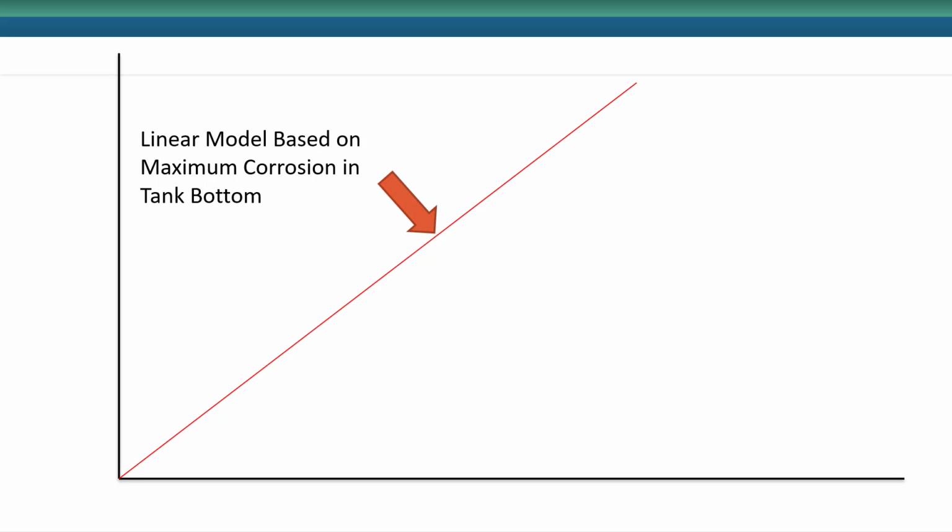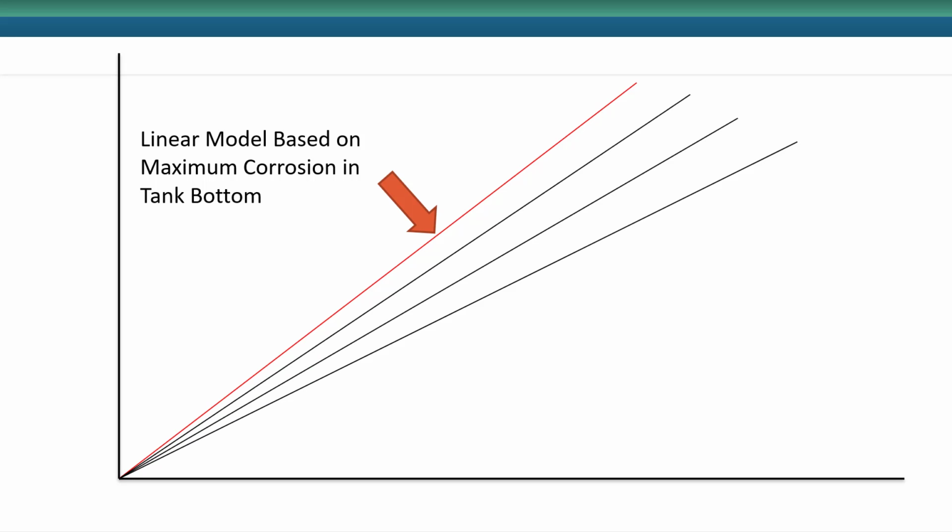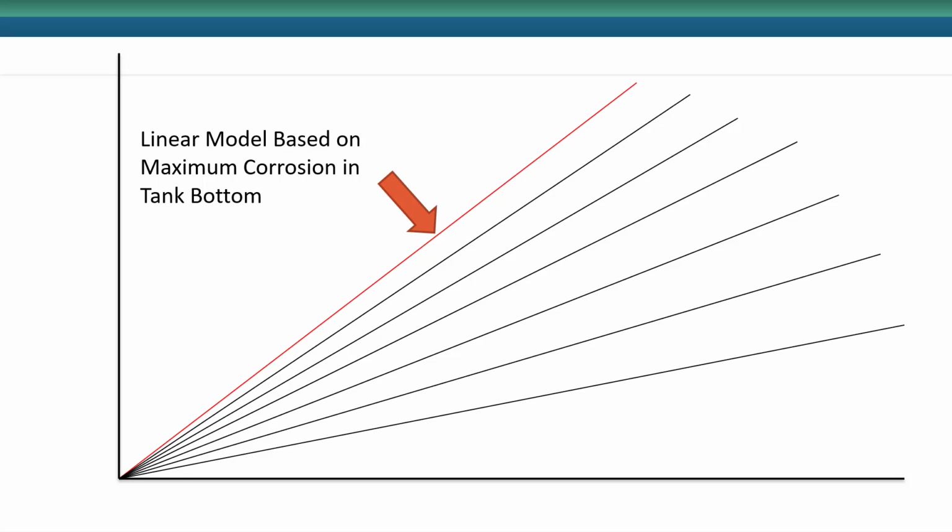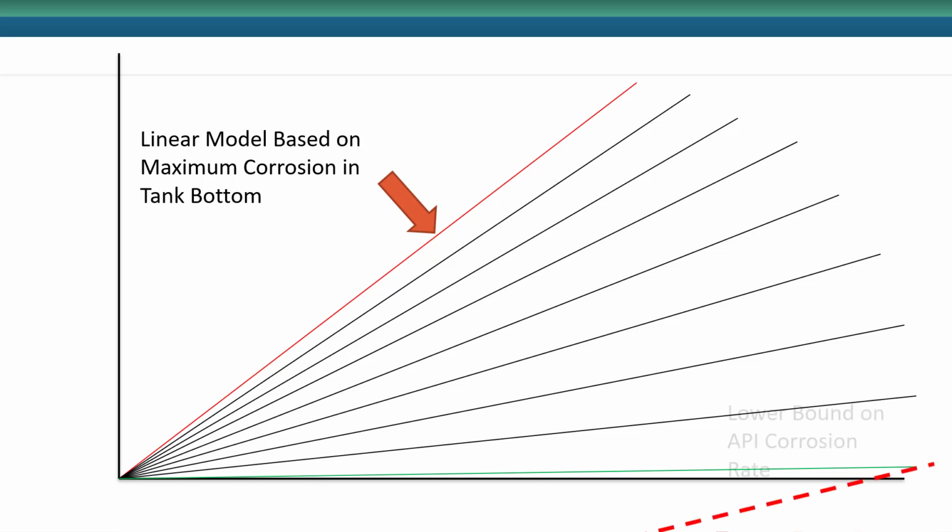To summarize the model, by adjusting the repair to thickness, we can keep reducing the corrosion rate. But notice that we can achieve a zero corrosion rate. But we know from experience that just patching or replacing a tank bottom does not result in a zero corrosion rate, which is what API 653 implies.